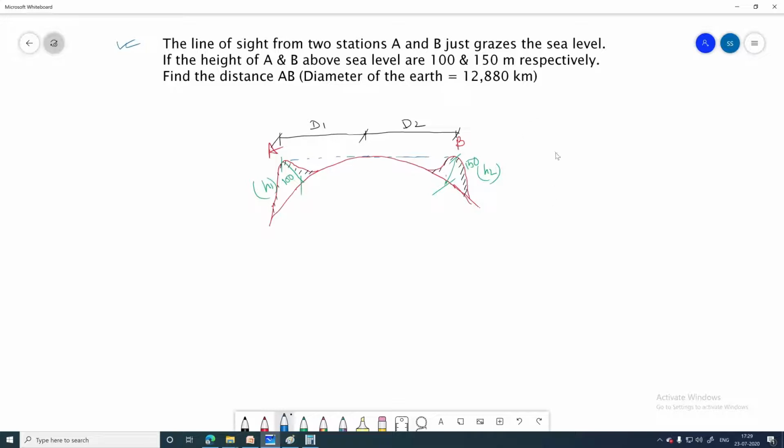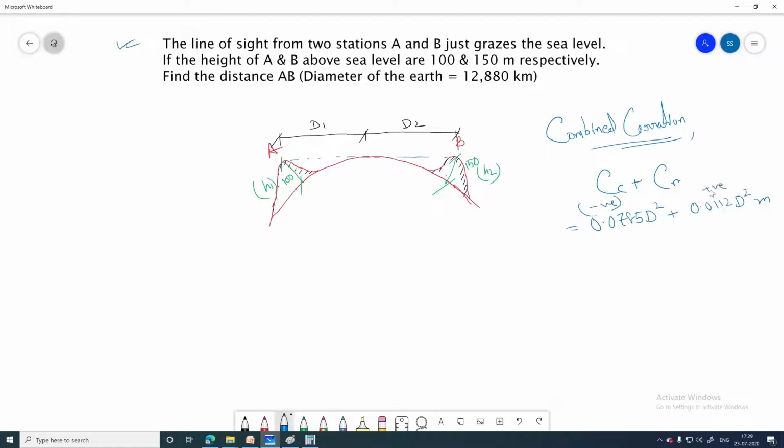Okay, but at the time of determination of combined correction, the value of combined correction that we have determined is CC plus CR, right, and the value of CC is 0.0785 d square and it is negative, and the value of CR is 0.0112 d square meter.